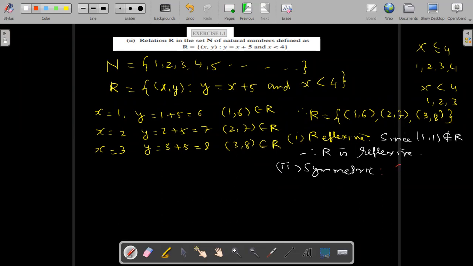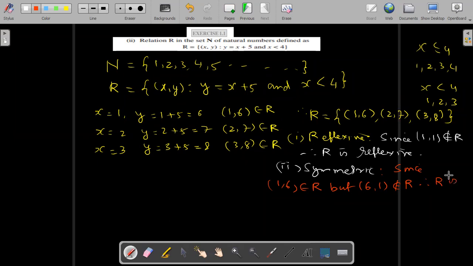So we can write: since (1, 6) belongs to R, but (6, 1) does not belong to R, therefore there is no question of symmetricity.